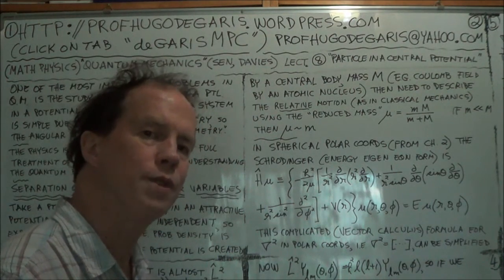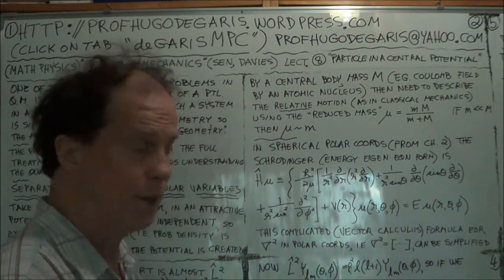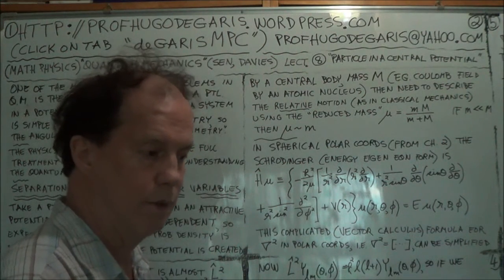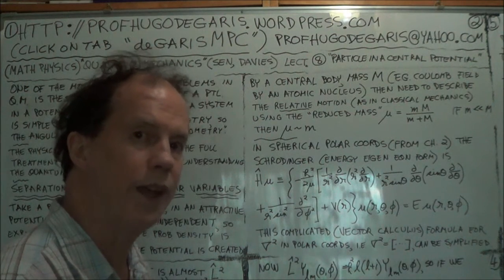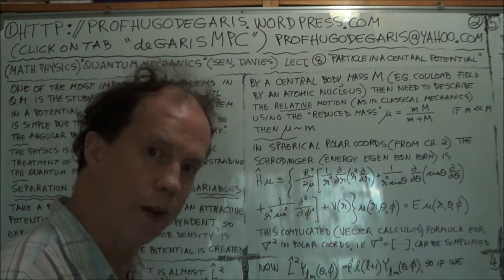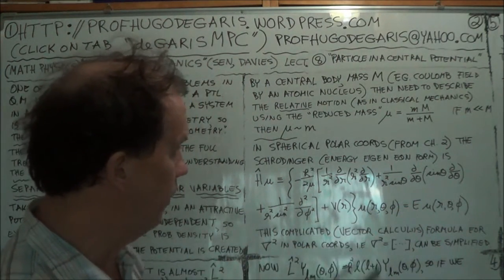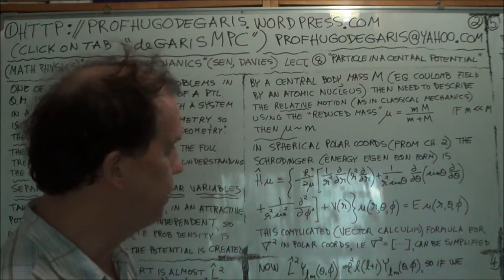Haven't you seen that before somewhere? And the answer is yes. This plus this is almost identical to the angular momentum squared, L hat squared. And we're going to use that. Instead of putting this in here, we'll put in L squared.